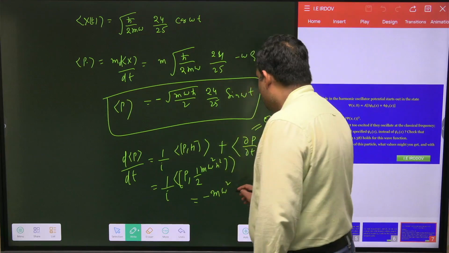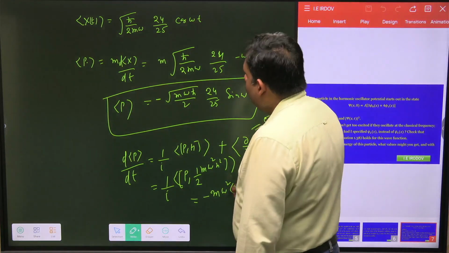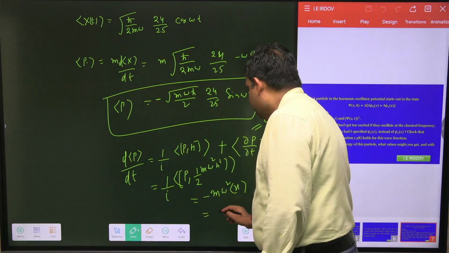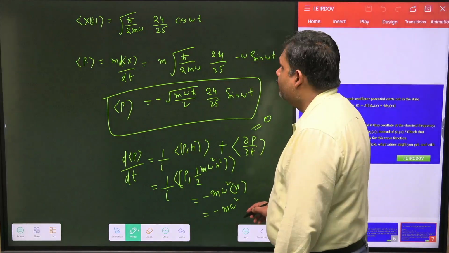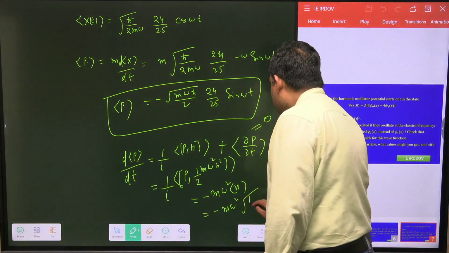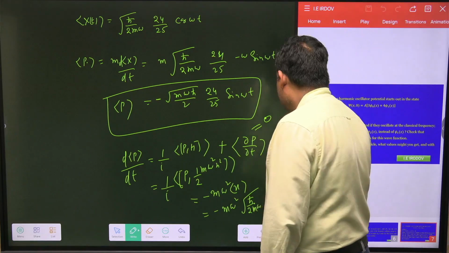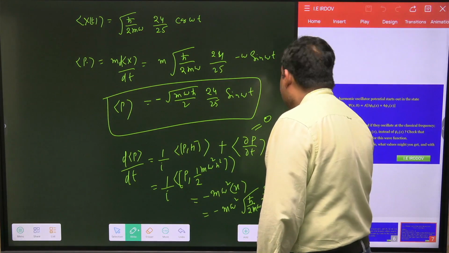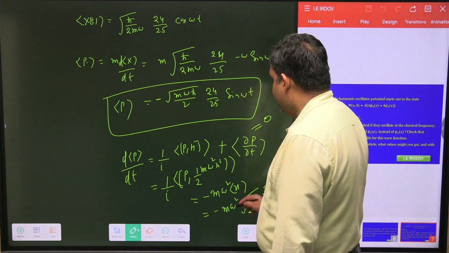So minus mω² times the average value of x. And we know that the average value of x is this one. So that value is minus mω² times ħ/2mω times 24/25 cos ωt. So this will be my this side.